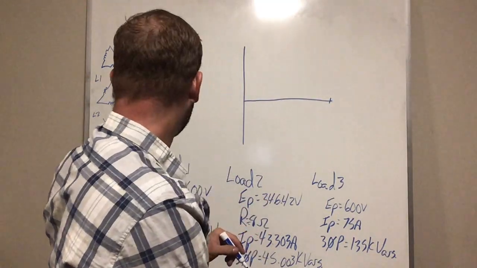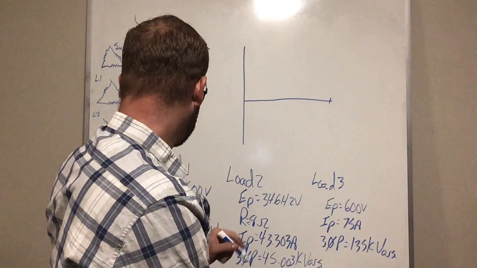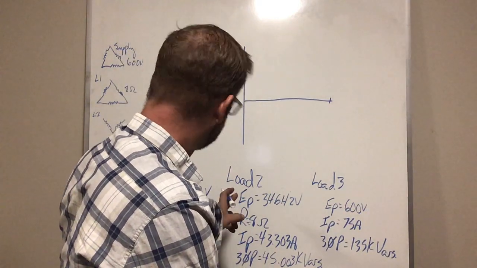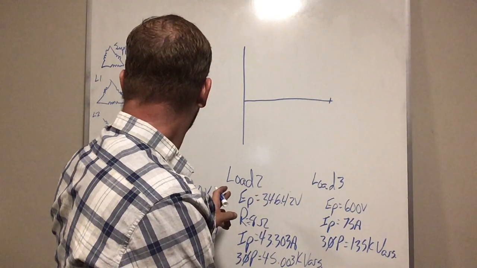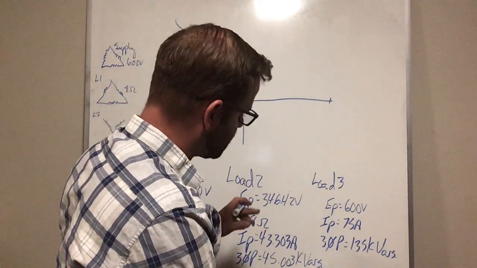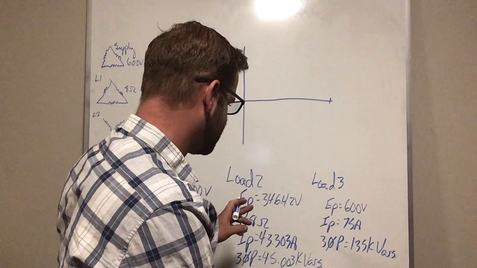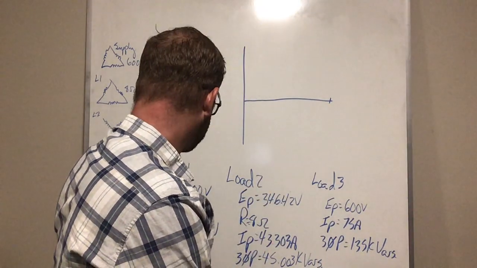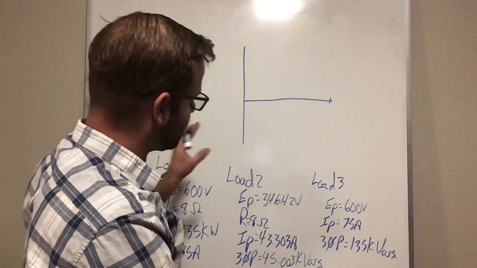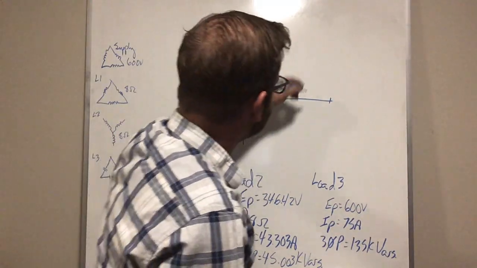Actually, the inductive was backwards. I don't know why I did that. So never mind, they won't be in unity, but those values will be the same because they're in delta, so that's right.